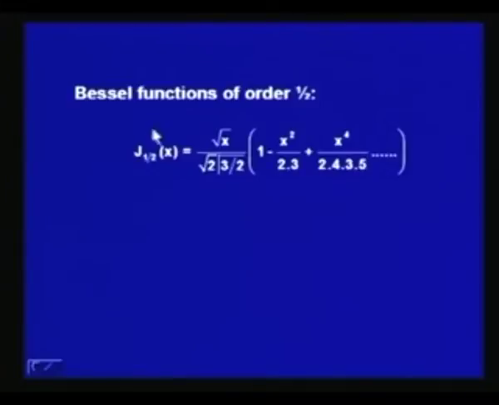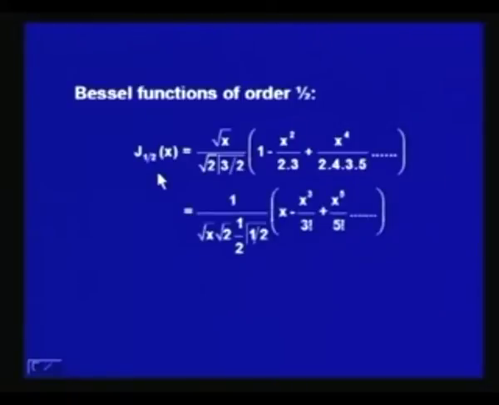Now, let us study the Bessel functions of order half. We can see that the infinite series expansion of J half x can be put in the closed form, that is in terms of the sin x function. J half x is equal to root x over root 2 into gamma 3 by 2, 1 minus x square over 2 into 3 plus x to the power 4 over 2 into 4 into 3 into 5 and so on, which is equal to 1 over root x into root 2 by half gamma 3 by 2.